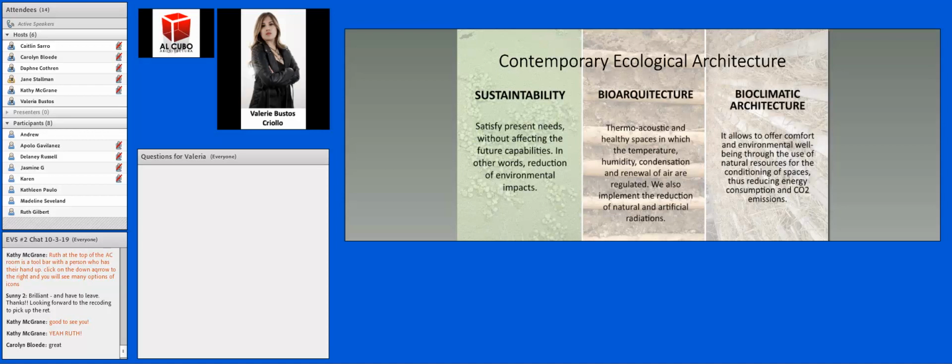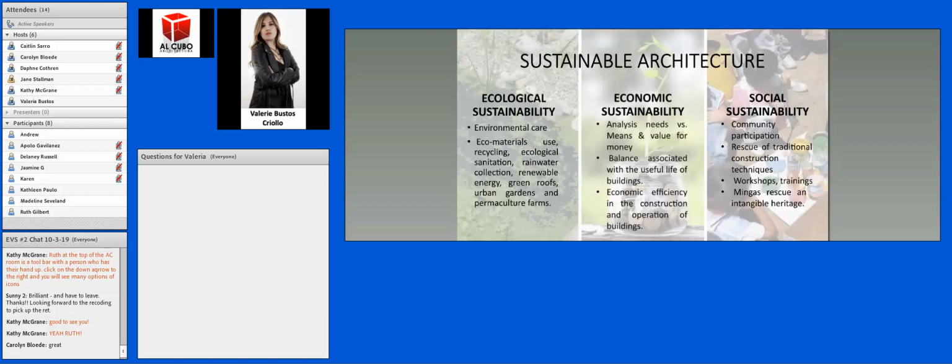In other words, the reduction of environmental impacts. The buildings at the same time offer quality, comfortable, and healthy spaces that are automatically regulated, low in natural and artificial radiation, while having a low energy consumption and therefore the reduction of CO2 emissions.